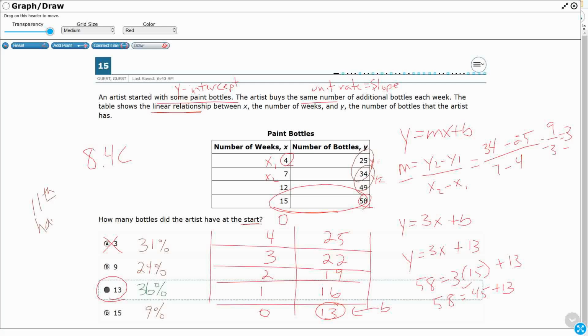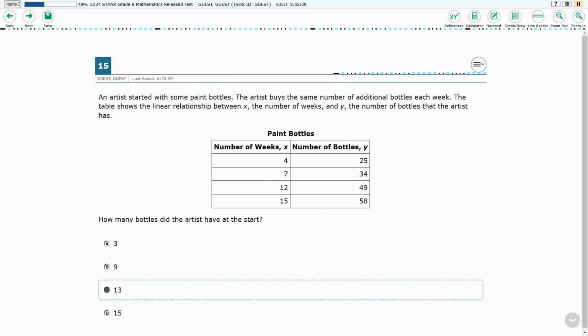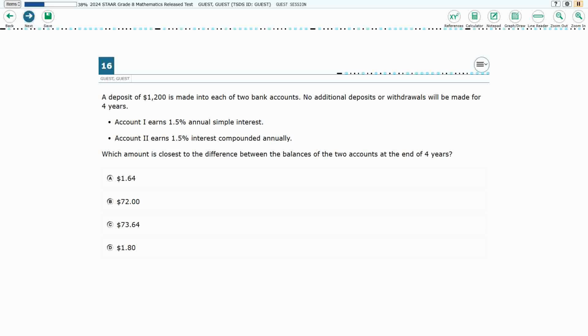I would think most likely the biggest step for our students to begin with is understanding this as slope-intercept form in a real-world situation and interpreting this as I'm looking for the b. Because if you can get to this, we would hope then that we can take the table and just work backwards 3 until we get to that 13. But I think the big step is trying to understand what we're even looking at.